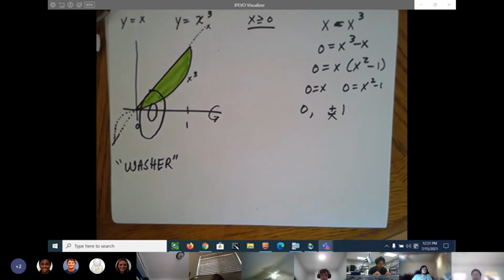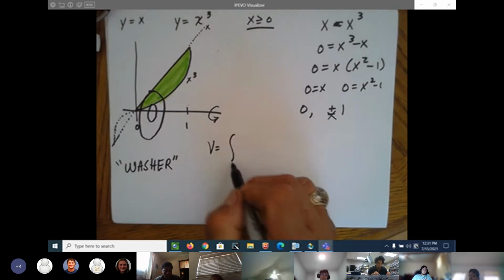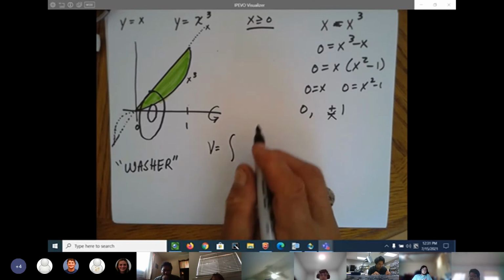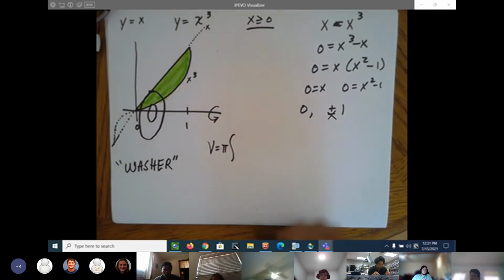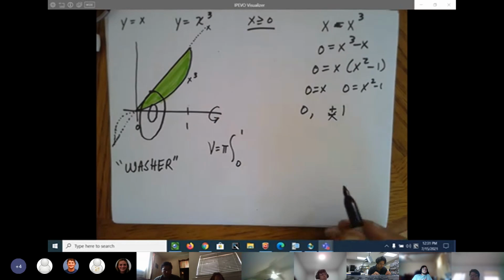Can somebody analytically tell me how you would set this up? Anybody? Finding the area, using the antiderivative with pi out front, from 0 to 1 of what?